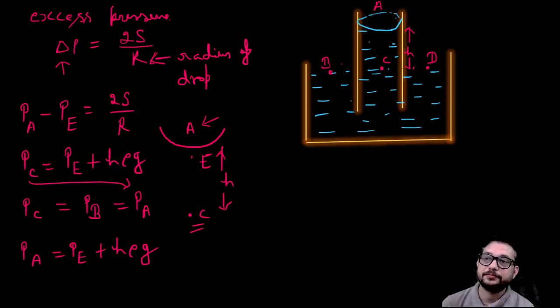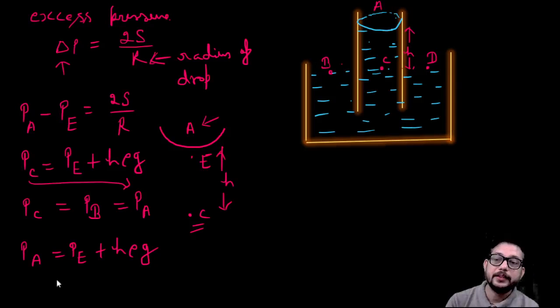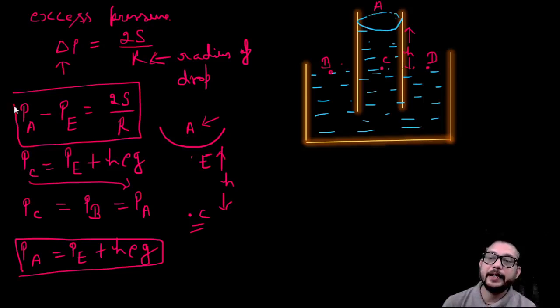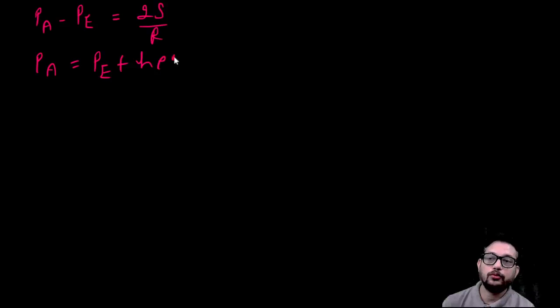Now as you can see, we have a result PA equal PE plus h rho g, and we also have a result that PA minus PE is 2S upon R. So by using these two expressions, we can write: firstly, PA minus PE is your 2S upon capital R, and the second expression, PA equal PE plus h rho g.